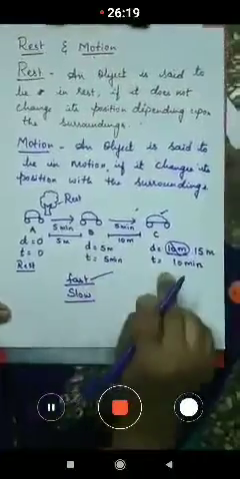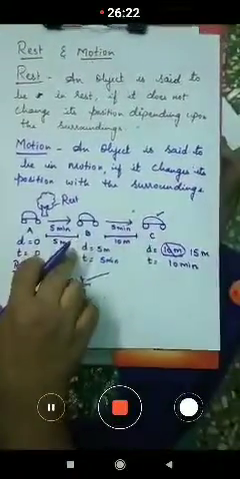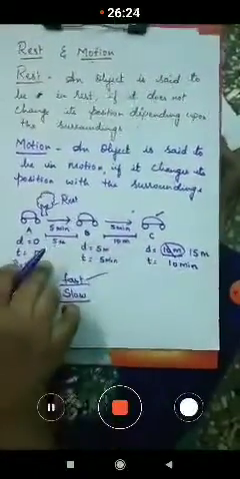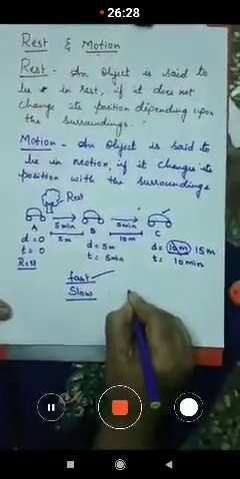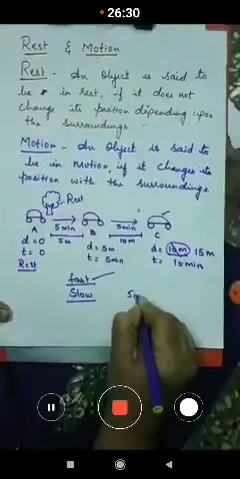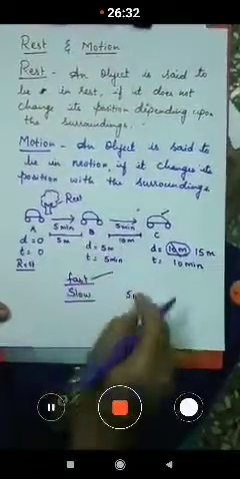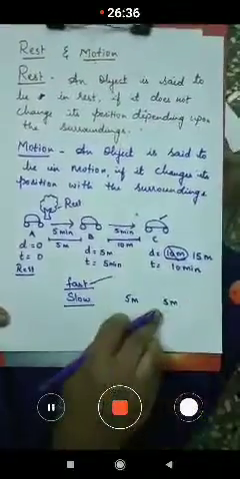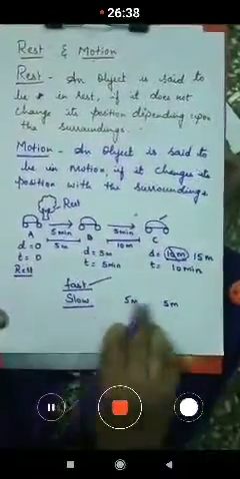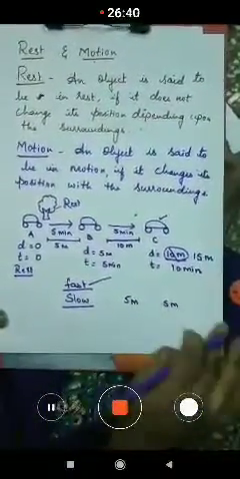It is moving fast. If the distance traveled in the same minutes is 5 meters, it has covered the same 5 meters, we can say it is moving at maximum speed.